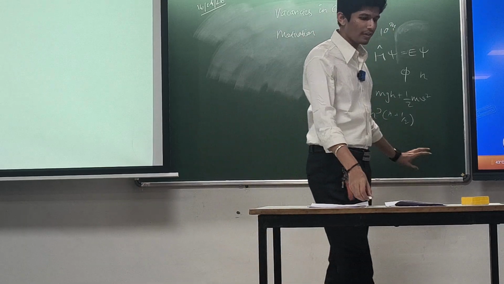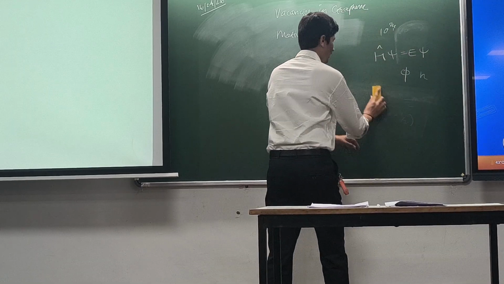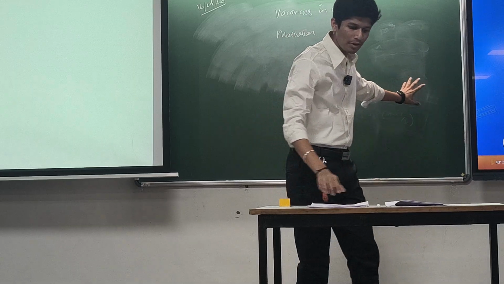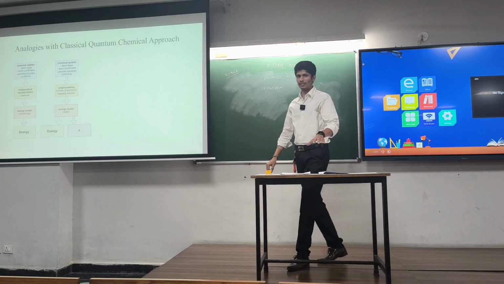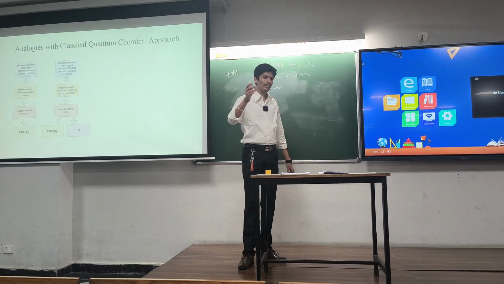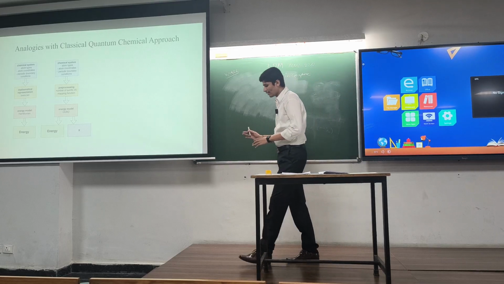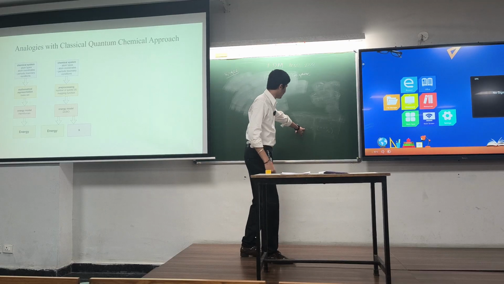If you want, we can of course discuss in person how we get this energy state and all these things. Once you define the Hamiltonian as a matrix, every matrix has its eigenvalues and eigenvectors. So energy is the eigenvalue, and eigenvectors are the corresponding eigenstates of that particular energy.